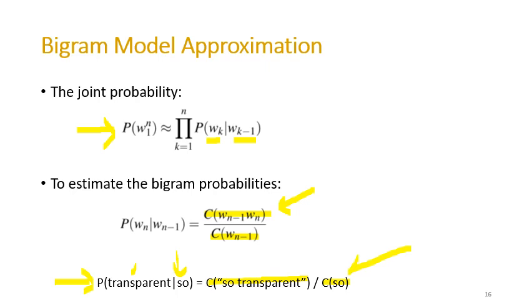So it simply says that among all appearances of "so" plus x, where x is any word, how many times you see "so transparent" appear. So you calculate how many times the word "so" appears in the denominator, and in the upper part you compute how many times exactly "so transparent" appears.